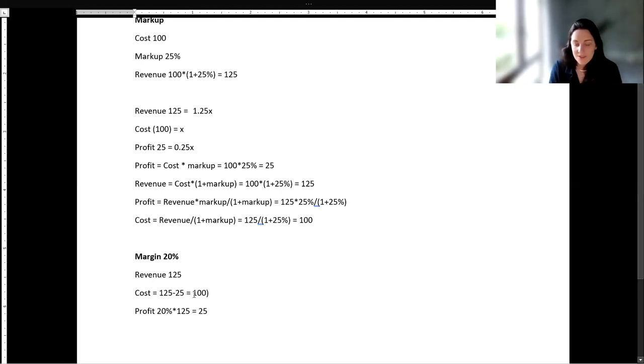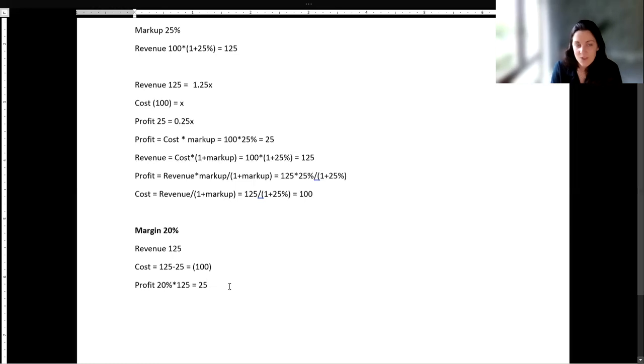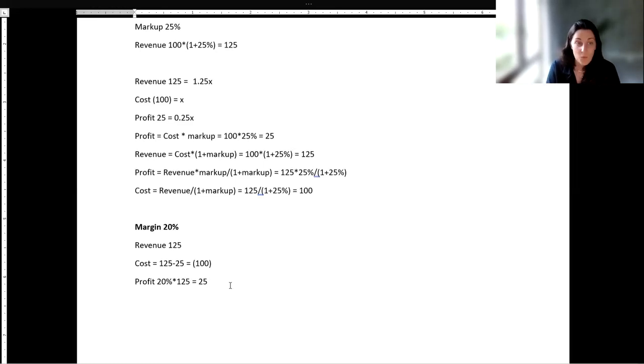And let's have a look at whatever can be given to us and what we do with that. So if you need to calculate profit and imagine that you are given a cost of 100 and you are given a margin, not markup, then instead of multiplying cost by markup, you are going to take the cost, divide it by 1 minus margin and multiply it by margin.